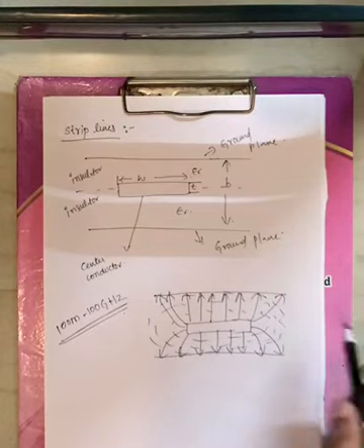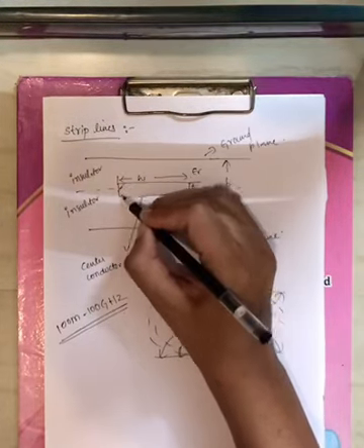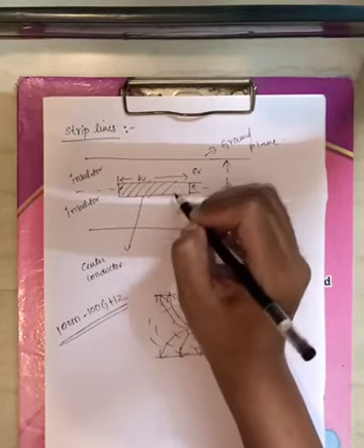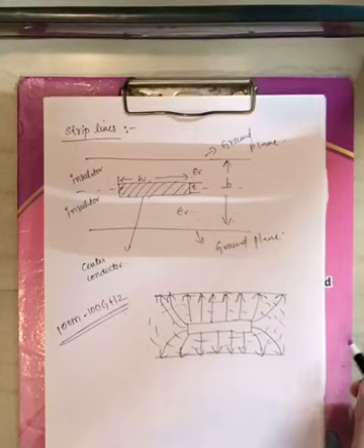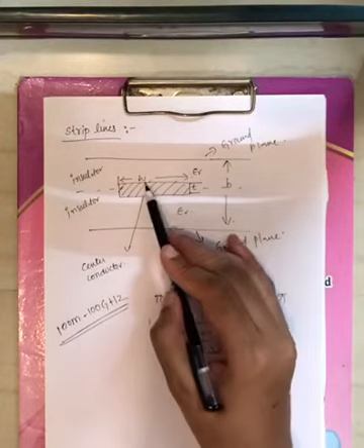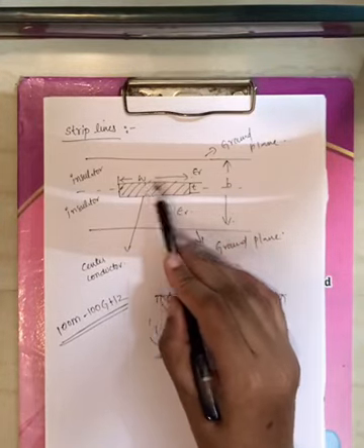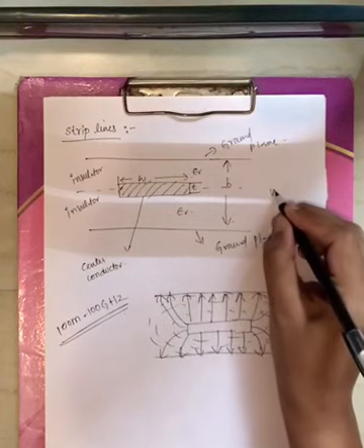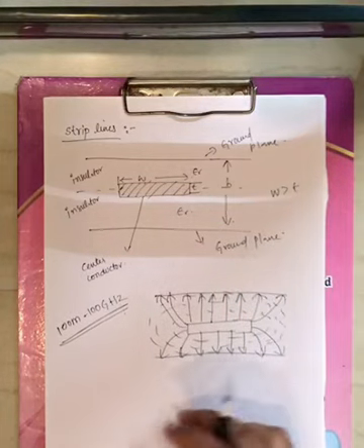Now if you see this structure, the strip line contains a center conductor. This center conductor has a width of W and a thickness of T, where W is greater than T, the width is greater than its thickness.